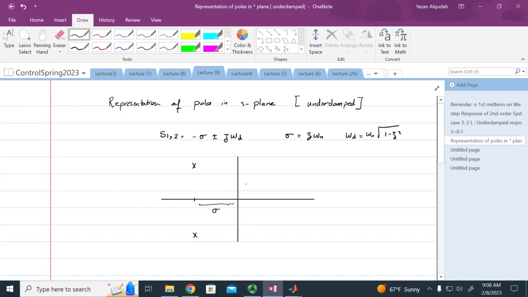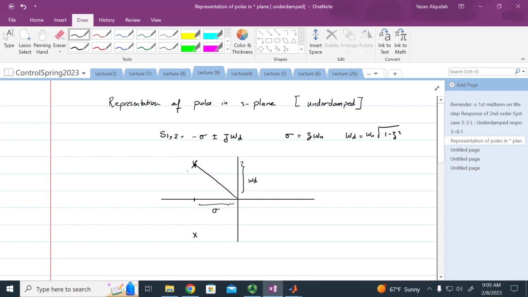Sigma. What is this value here? Omega d. Okay.